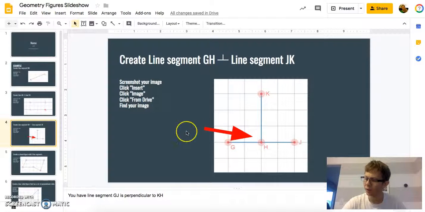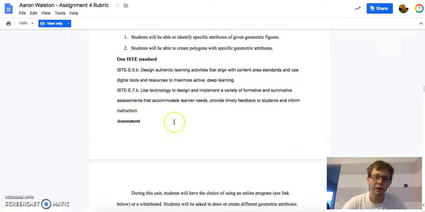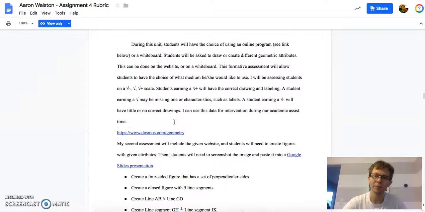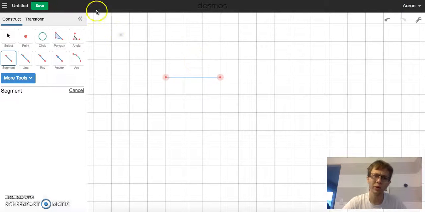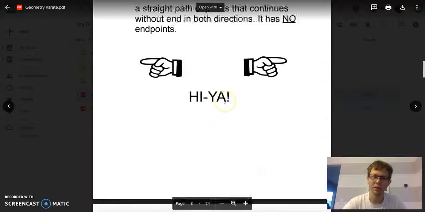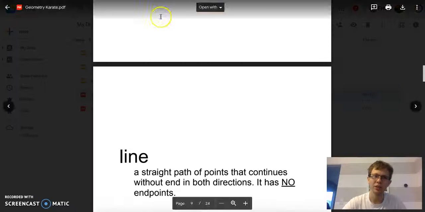Are there a variety of appropriate assessment formats used to provide additional evidence of learning? I had a whole bunch of assessments. The first one was very informal. They had the choice of either this or a whiteboard, and after going over this, I could say, okay, I need you to draw me a line.